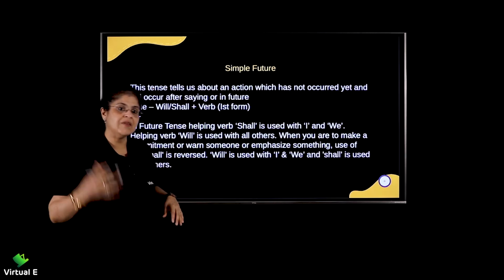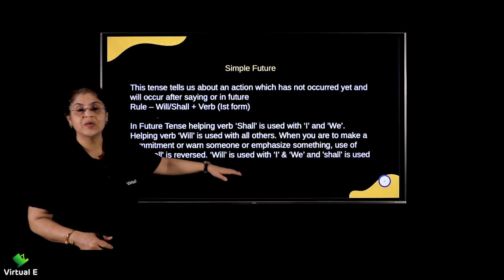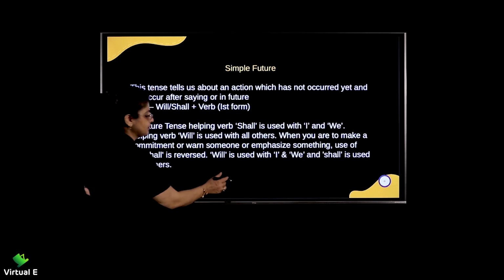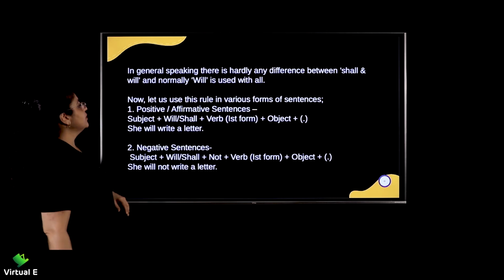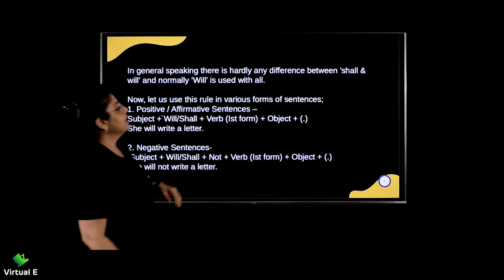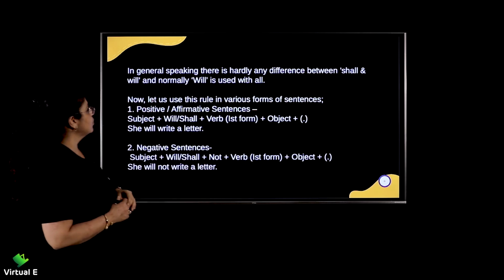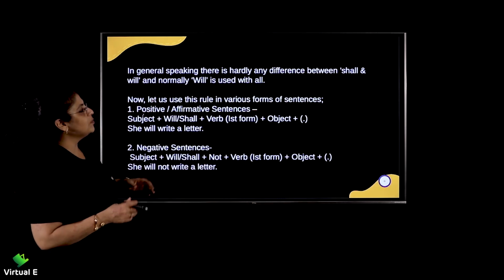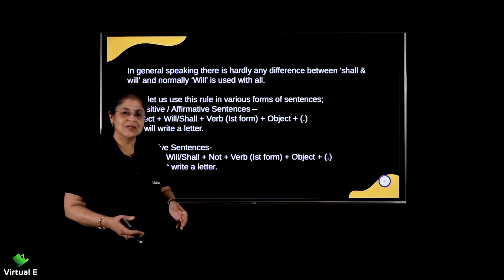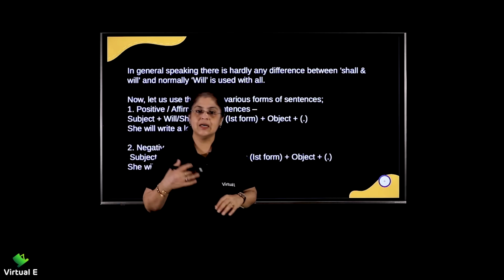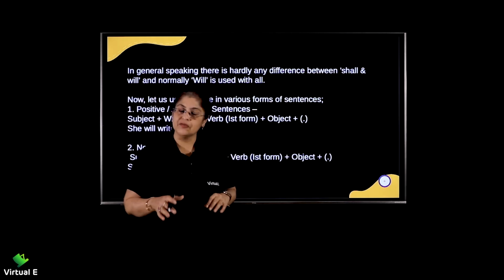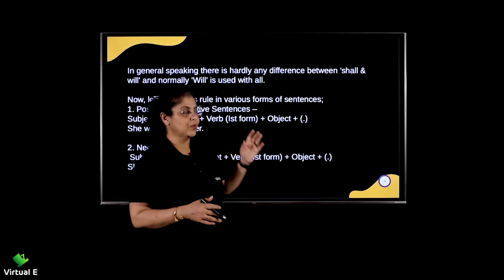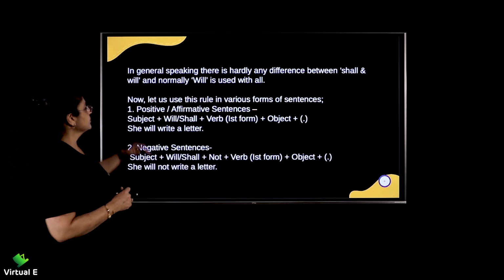In that case, we reverse the roles. So moving further, in general speaking, there is hardly any difference between will and shall, and normally will is used with all. Yes, it doesn't make much of a difference. You can use will with all of them, even with I and we. Likewise, it goes for shall.